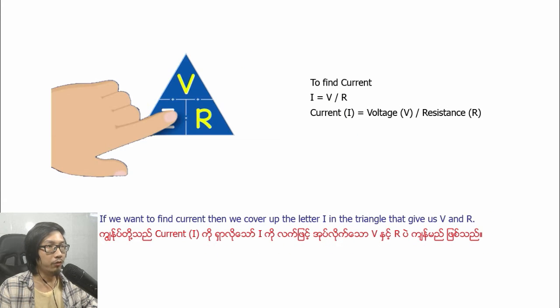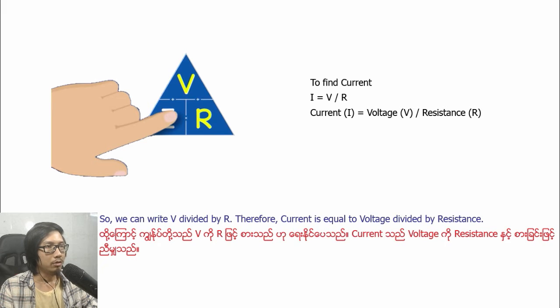remember. If we want to find current, then we cover up the letter I in the triangle, which gives us V and R. So we can write V divided by R. Therefore, current is equal to voltage divided by resistance.